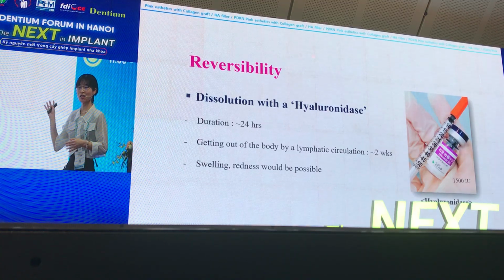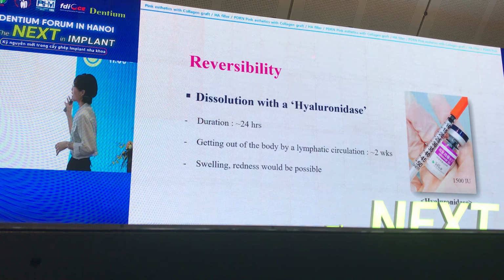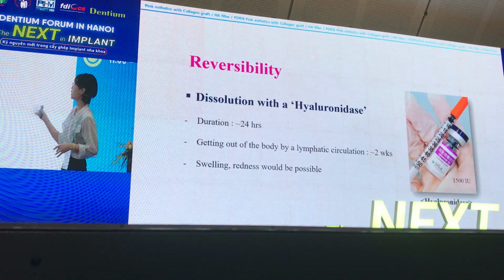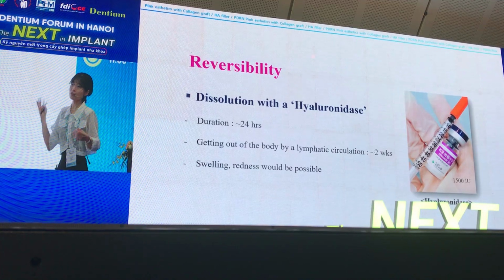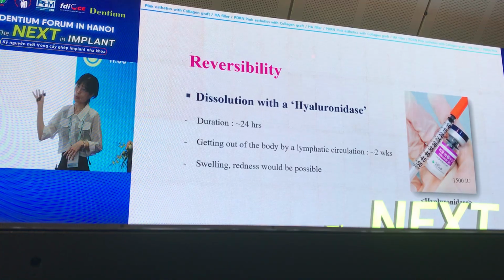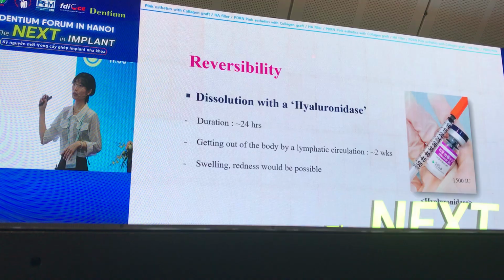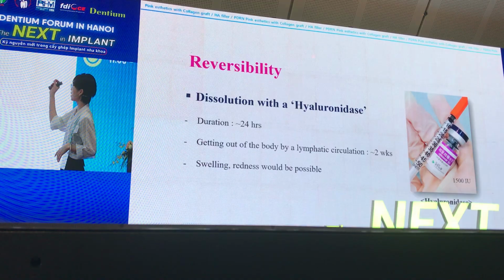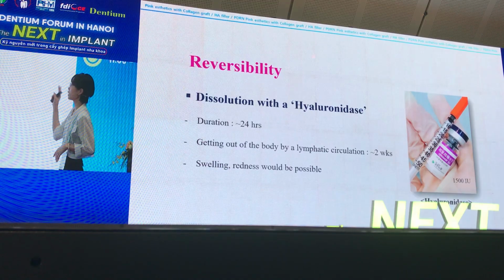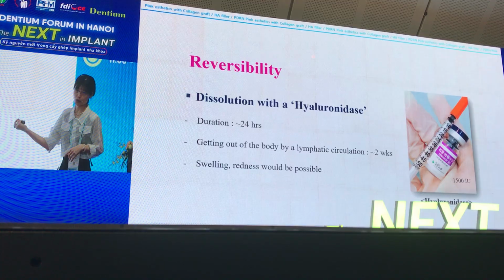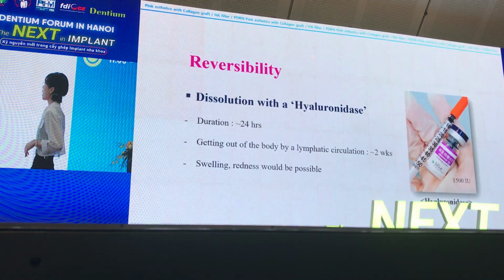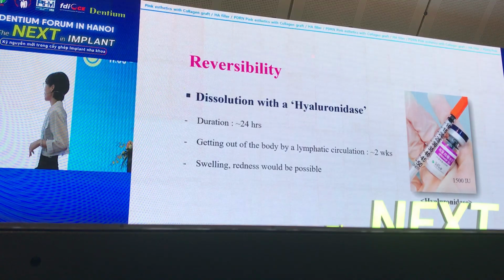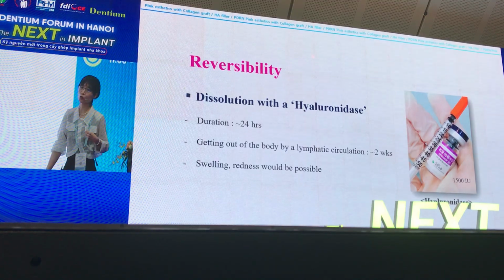Because this is HA, we can dissolve it with hyaluronidase. So if the HA filler blocks a blood vessel, don't worry, because you can inject hyaluronidase, and it takes about 2 hours to dissolve the HA, and it can also be cleared from the body by lymphatic circulation within 2 weeks.